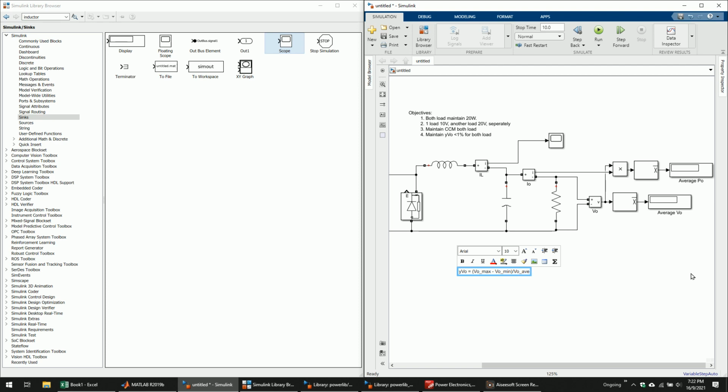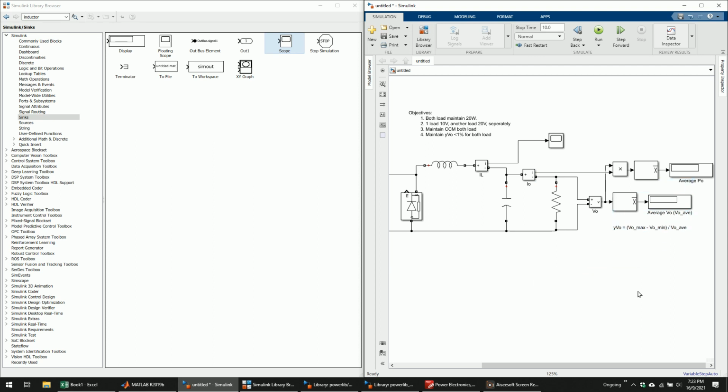So let me underscore this. So the average V out is this one, V out underscore AVE. So this is the formula.